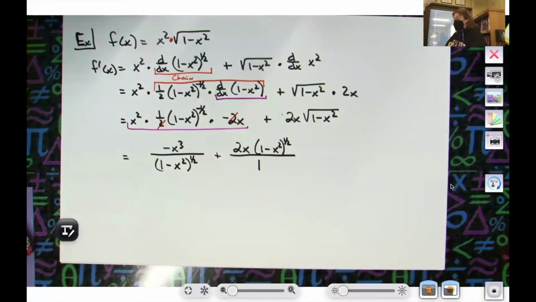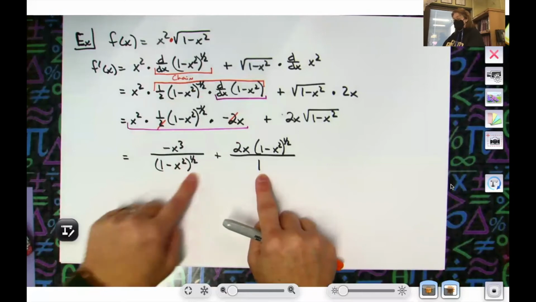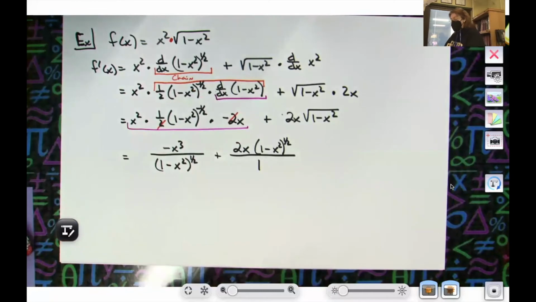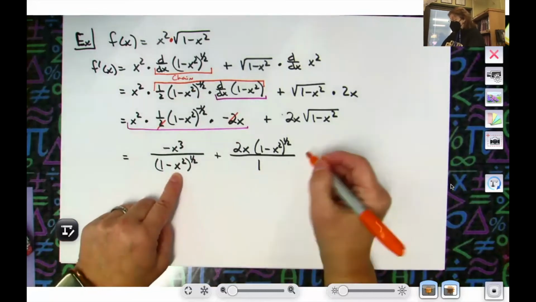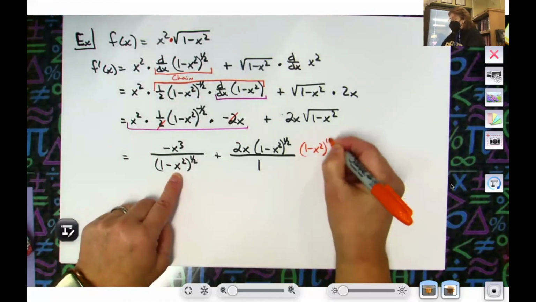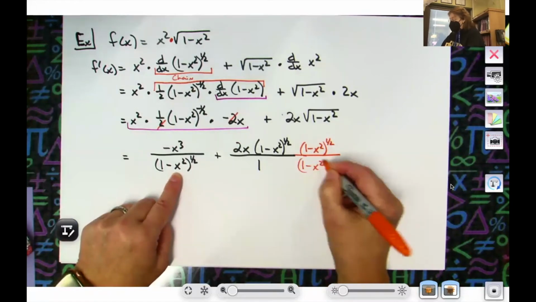Okay, now what do I want? I need common denominators to be able to add this. So, take this, because that's what I want my denominator to be, and multiply it by that over itself. So 1 minus x squared to the 1/2 over 1 minus x squared to the 1/2.